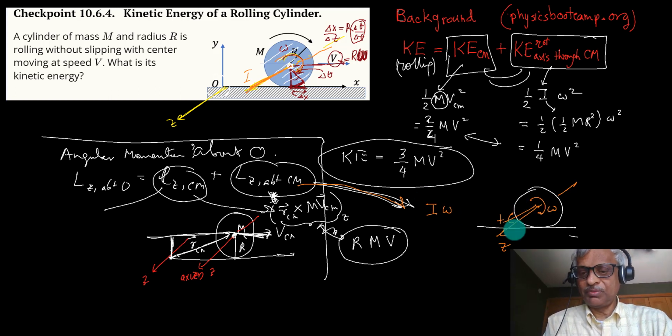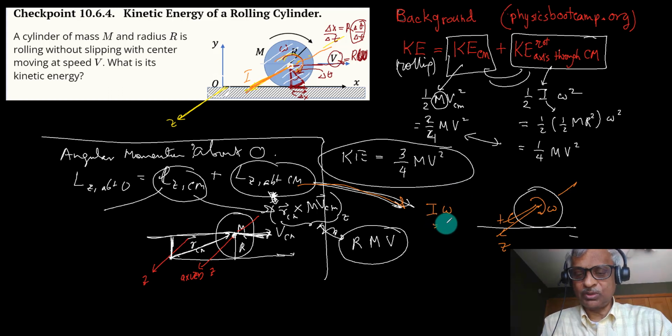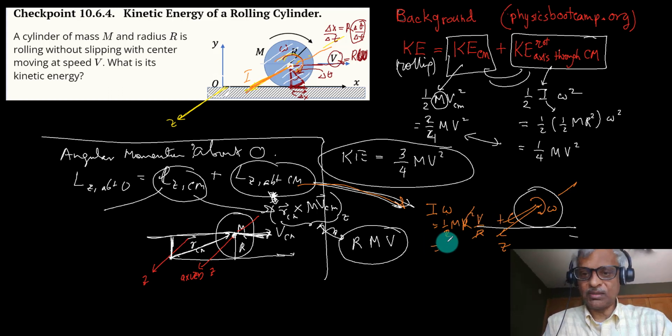Positive Z is coming out for us. So I omega equals one half m r squared, and omega is V over R. So this R cancels out, and it is one half m R V.